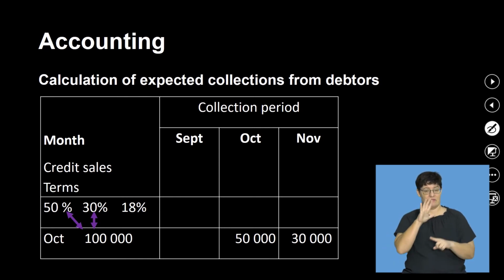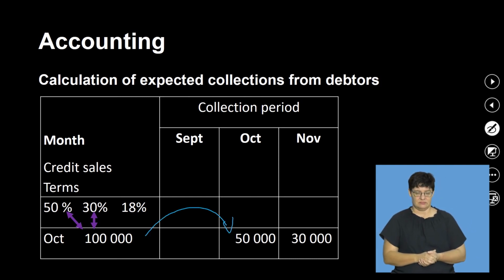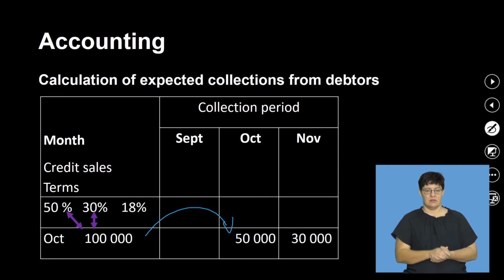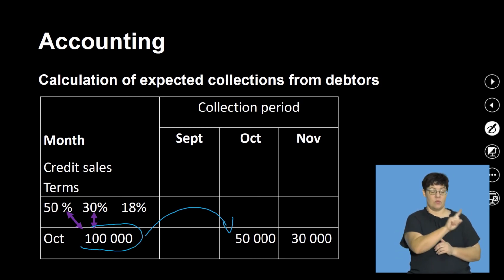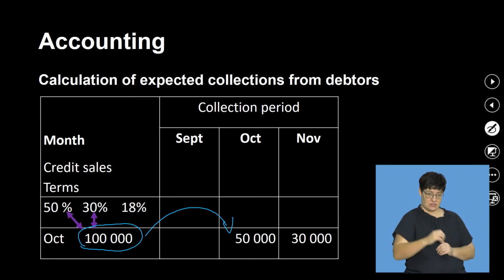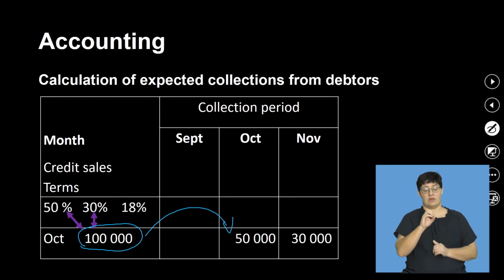We're not going to use a calculator for that one. It's quite simple. Half of the October figure will give me my 50,000. 50% will pay me in the month of sale. So October, my credit sale was 100,000, and I know that 50% will pay me in October, which gives me the 50,000 rand.